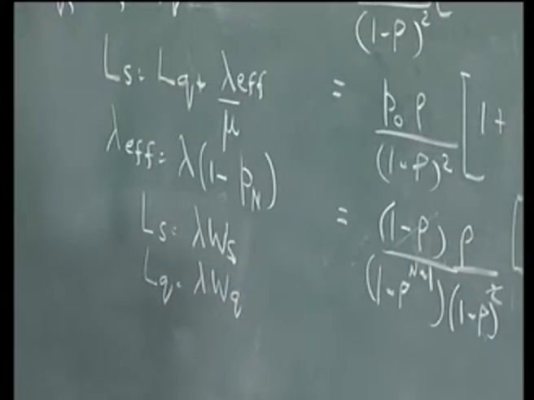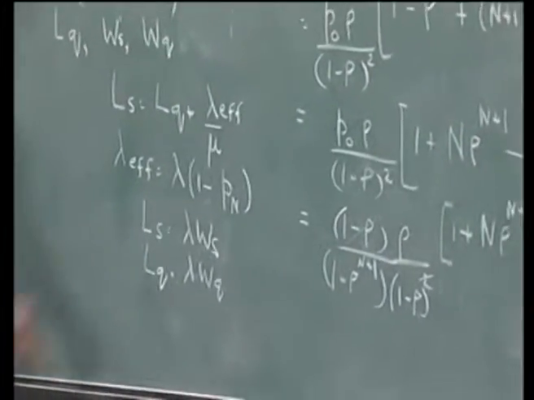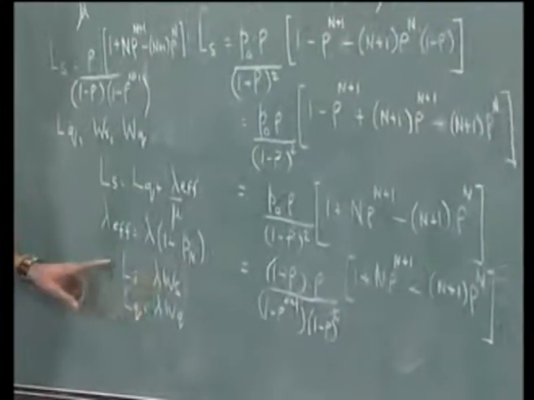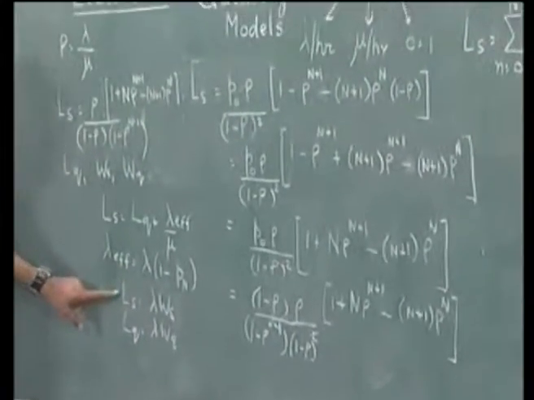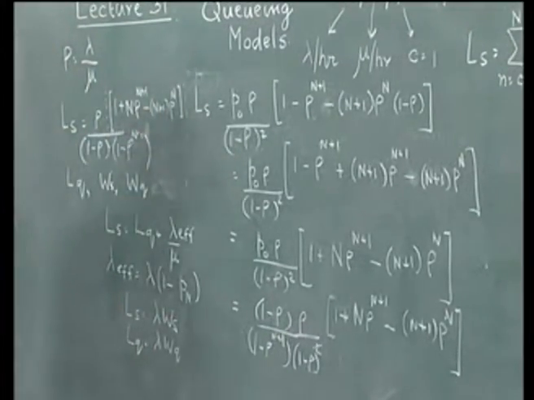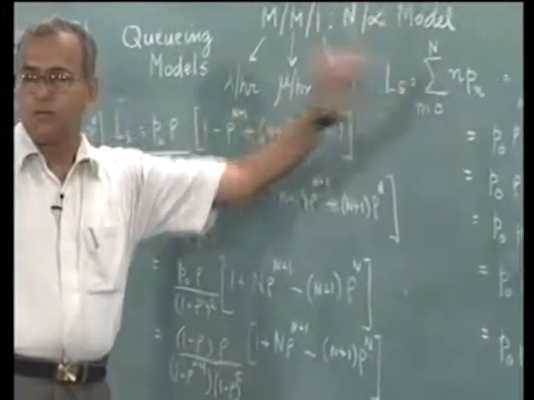So, we have these equations, Ls is equal to lambda Ws and Lq is equal to lambda Wq. Now, this is in hours, this is people per hour. So, the multiplication would give the expected number of people in the system. So, these are the governing equations when we look at an M/M/1/N/infinity model.